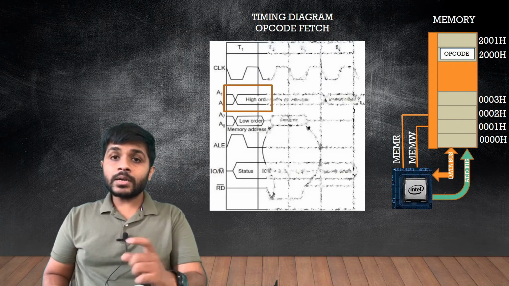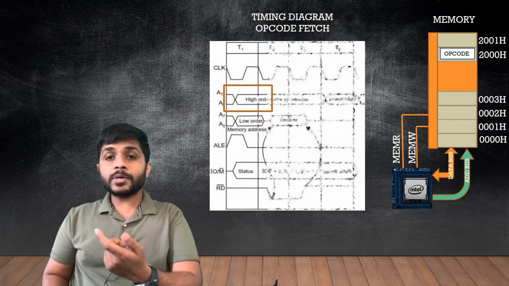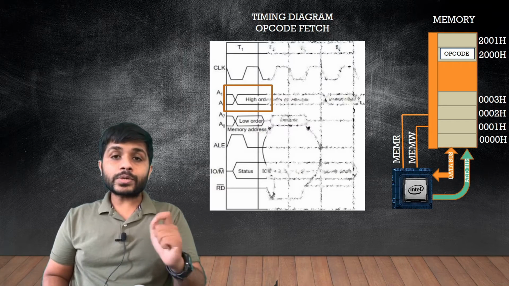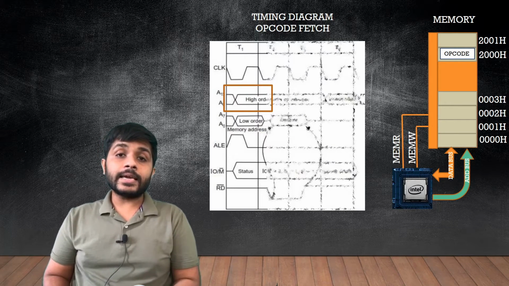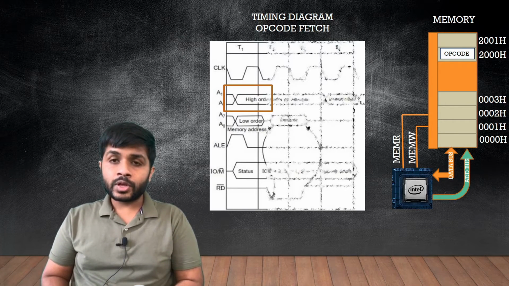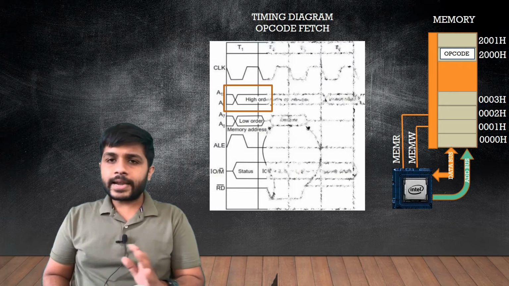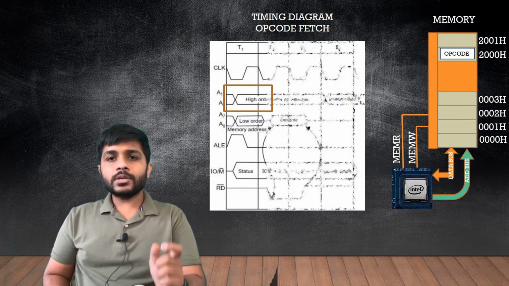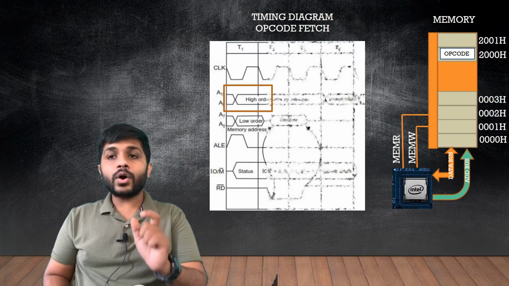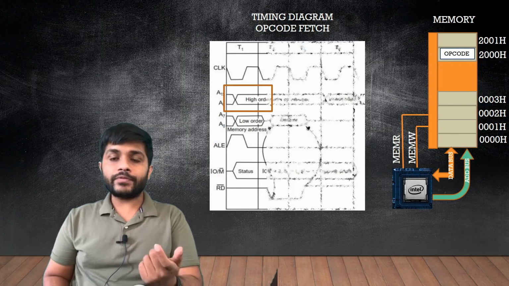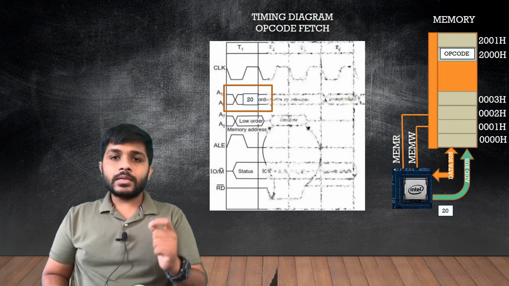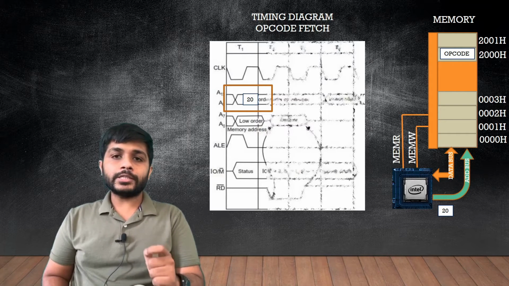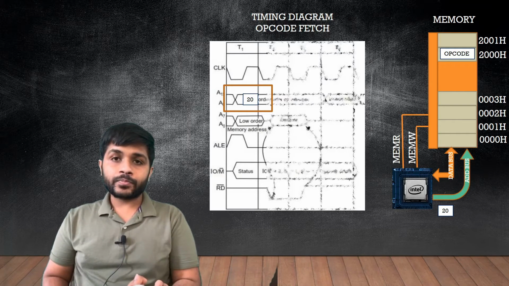To convert AD0 to AD7 into address bus or data bus, we have to consider one signal, that is ALE, address latch enable. The higher order bus is a dedicated address bus, so the processor will put the higher order address in A8 to A15. You can see that the microprocessor has put the value 20.